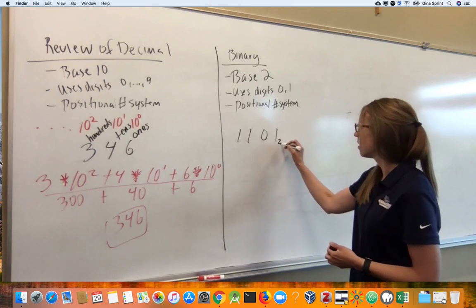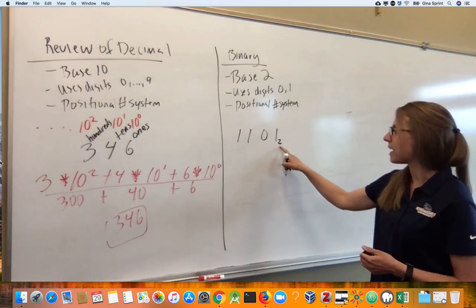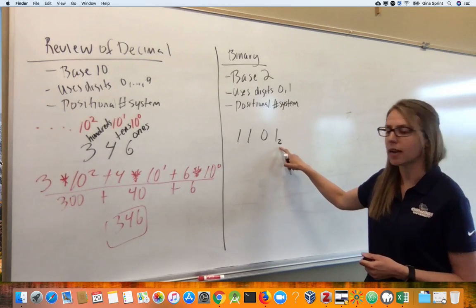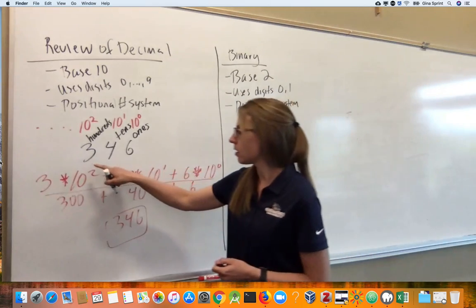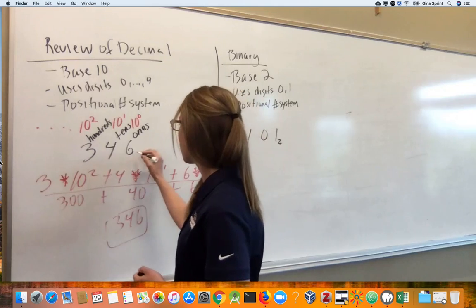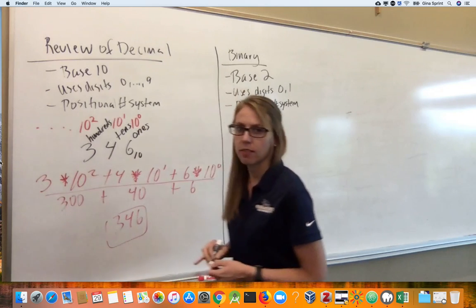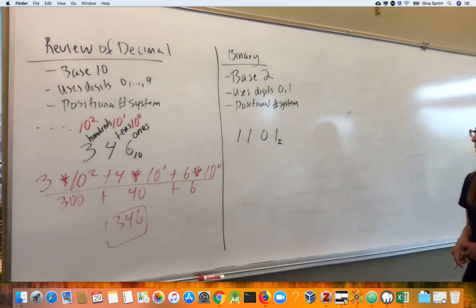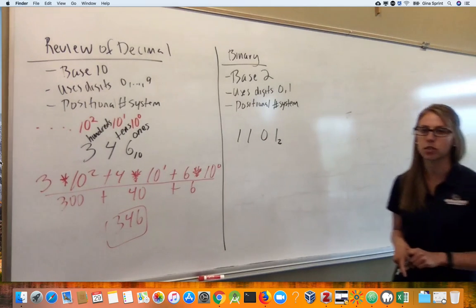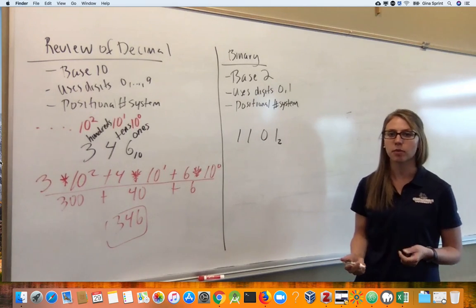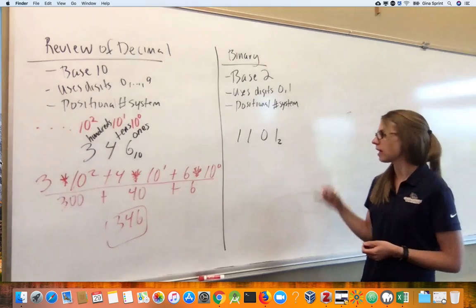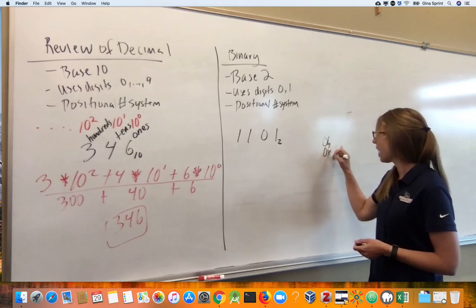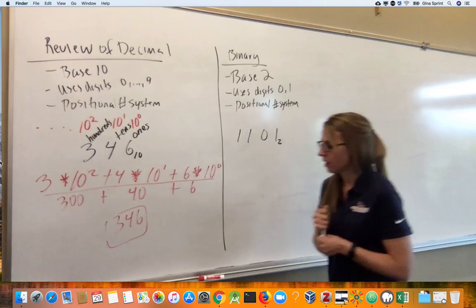For example, this is 1101, the binary number, so I'm putting a little 2 down here. This is 346, the decimal number. So I'll put a base 10 there. That's one way that we can use to distinguish our numbers so that we interpret them correctly, which is kind of like the 0b and the 0x that you saw in the code.